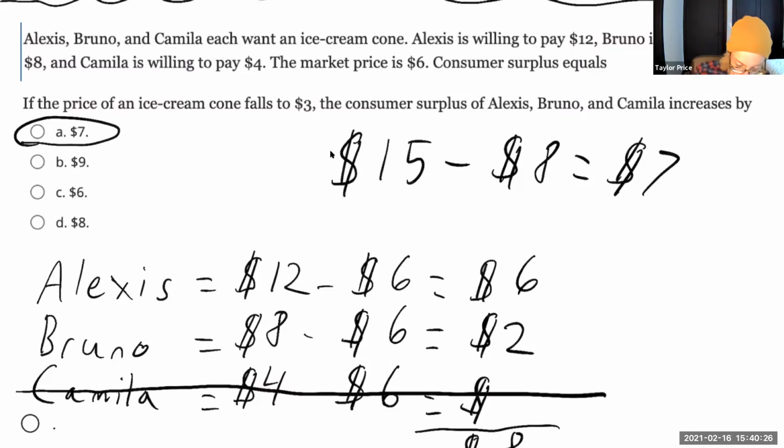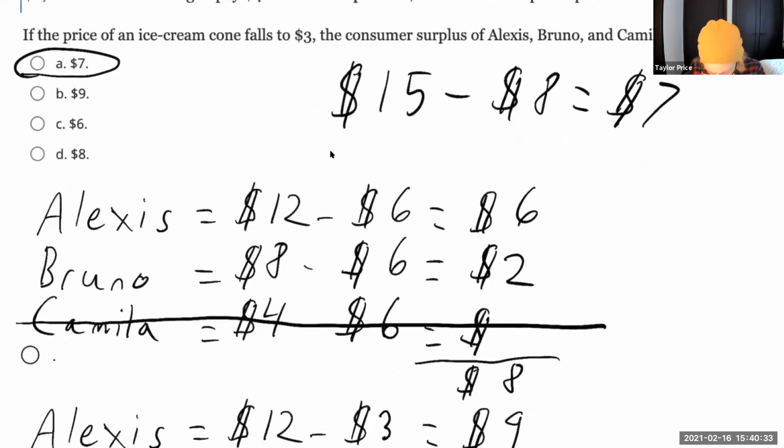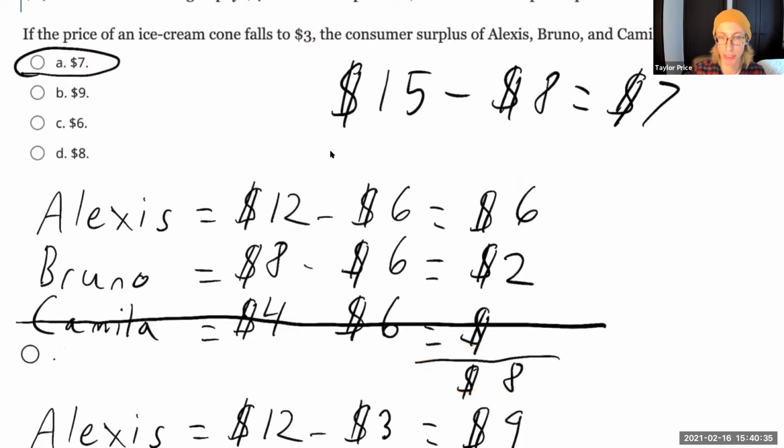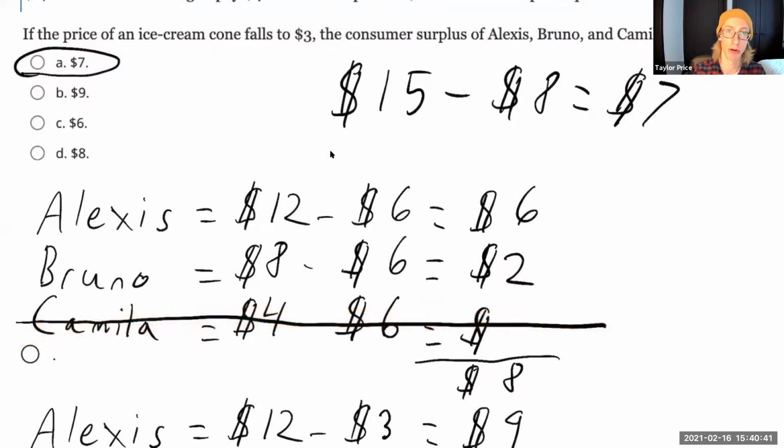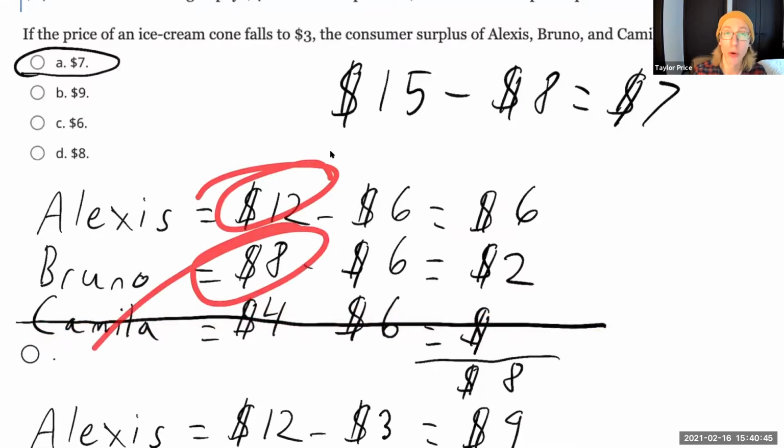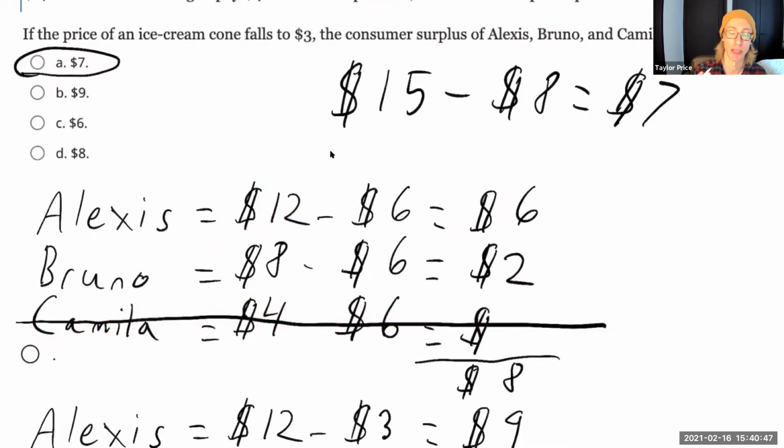The market price is $6. So consumer surplus in that example is going to equal $8, because Camilla's not going to consume since the price is greater than her willingness to pay, whereas Alexis and Bruno are going to consume because their willingness to pay is greater than the price.